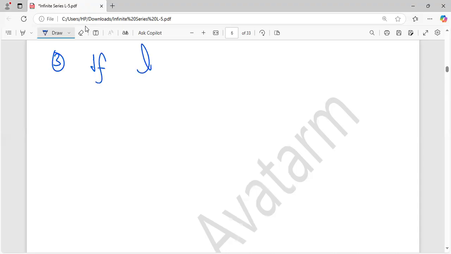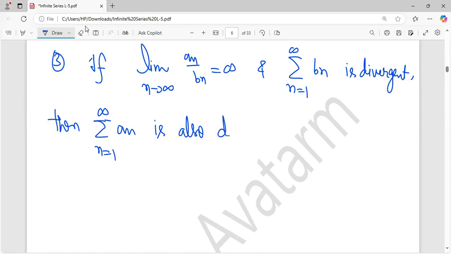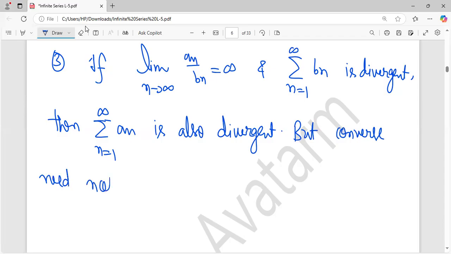If limit n tending to infinity a_n upon b_n is equal to infinity and this series summation n goes to 1 to infinity b_n is divergent, then this series summation n goes to 1 to infinity a_n is also divergent, but the converse need not be true.